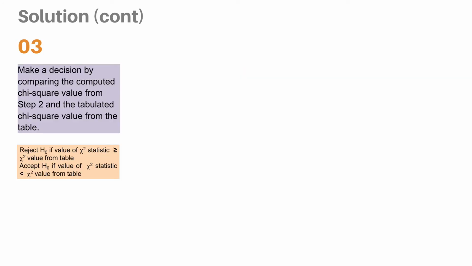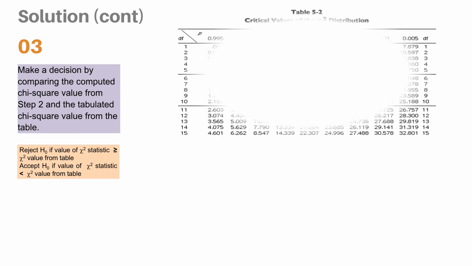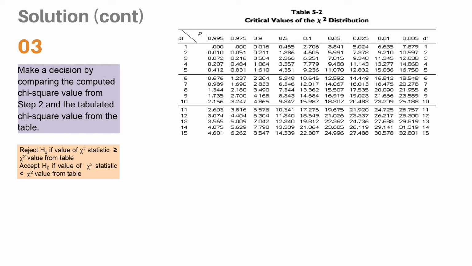In the third step, we have to make a decision by comparing the computed chi-square value from step 2 and the tabulated chi-square value from the table. This is the chi-square table. The degree of freedom is given as 3 minus 1, that is equal to 2. The alpha value, as given in the equation, is 0.05, so that represents the value of P in the table.